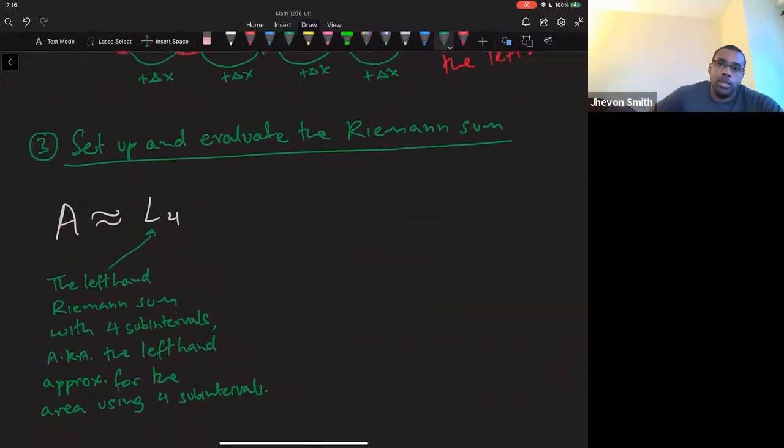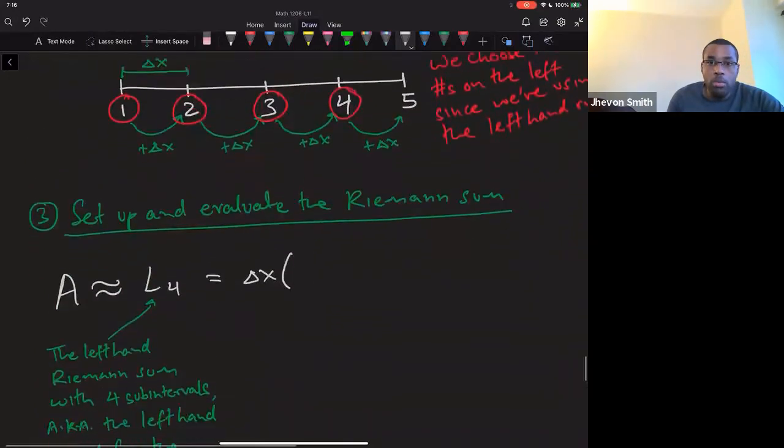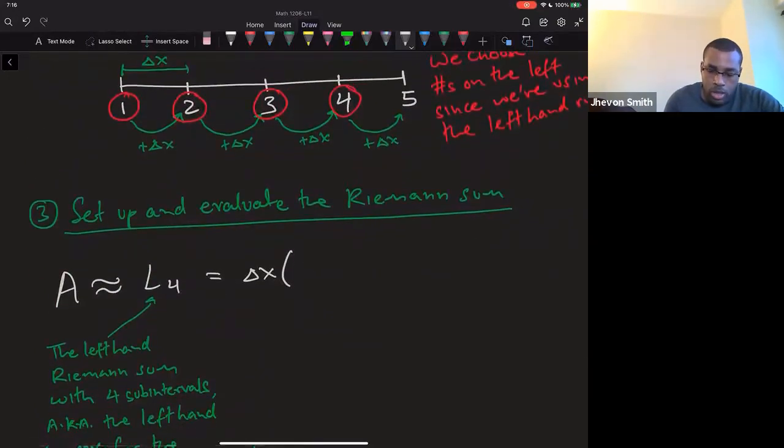Okay, so that's going to be the guy. L4 just means the left-hand approximation with 4 rectangles. And what is that going to be? Well, in this case, it's just going to be your delta x times, right? You know what numbers you want now. You want f of 1 plus f of 2 plus f of 3 plus f of 4.